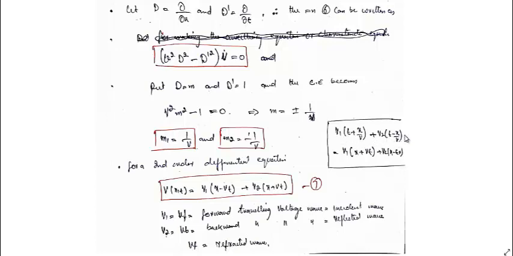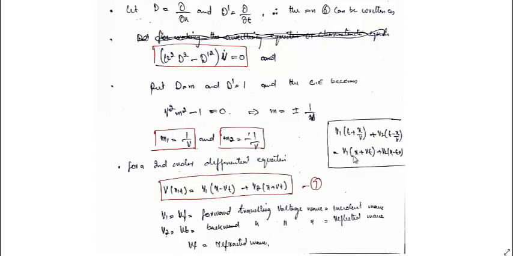A property of the partial differential equation is that v1 of t plus x by v is the same as v1 of vt plus x. Similarly, this would be the same as v2 of vt minus x. And again, one more property of the partial differential equation is that v2 of vt minus x will be the same as v2 of x minus tv. So I can write it like this.